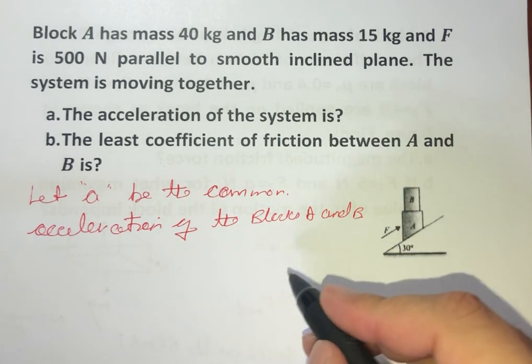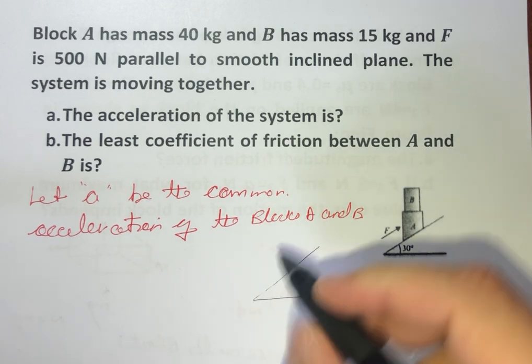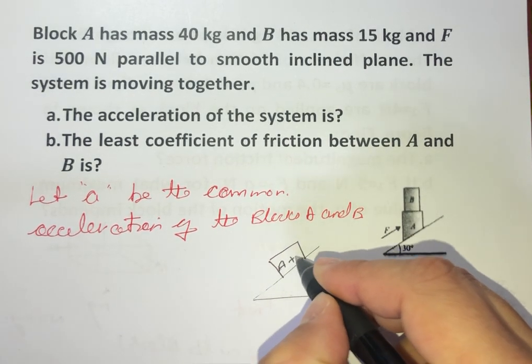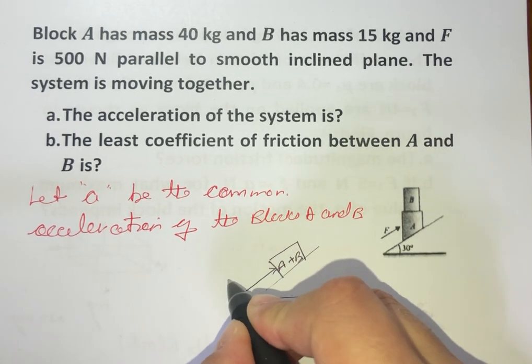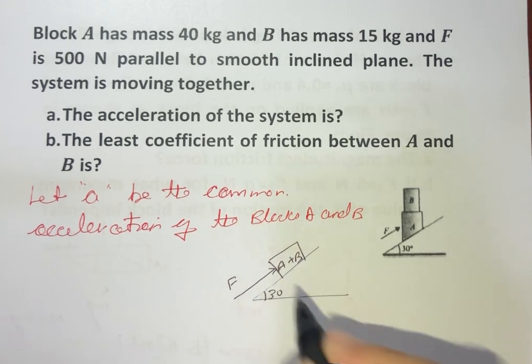Under this condition, let us draw the free body diagram for them. They are moving together, so this will be A plus B, and a force F is being applied up the inclined plane.